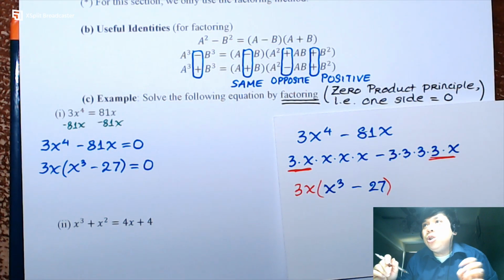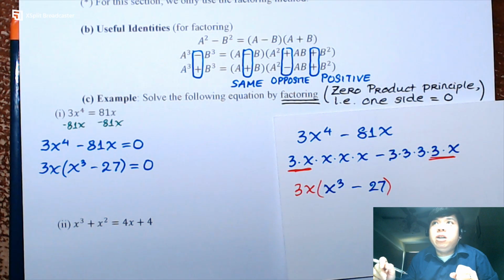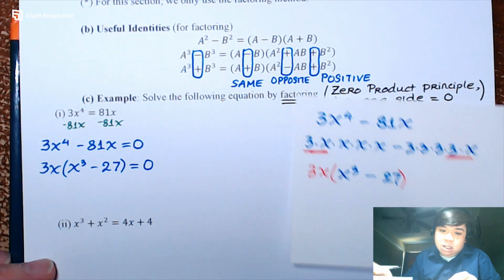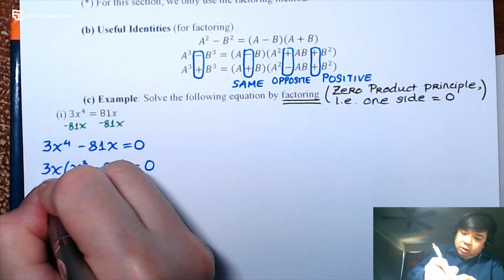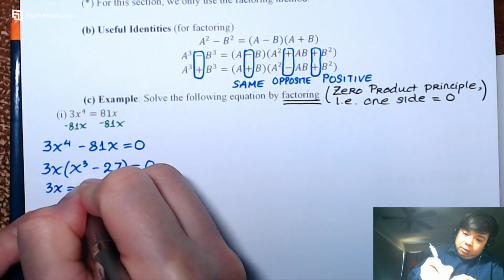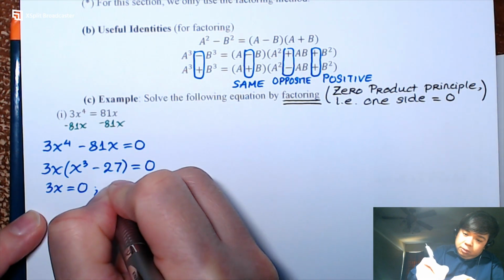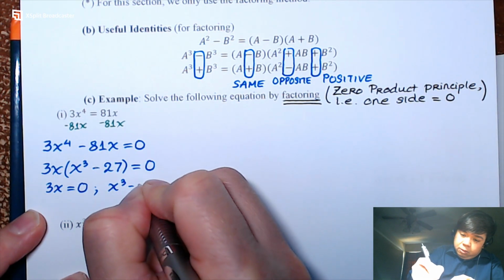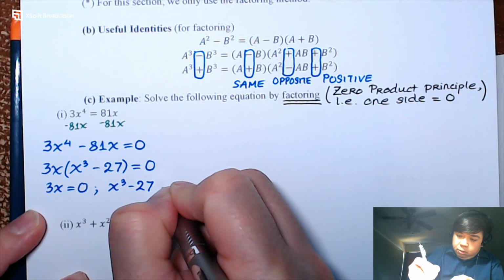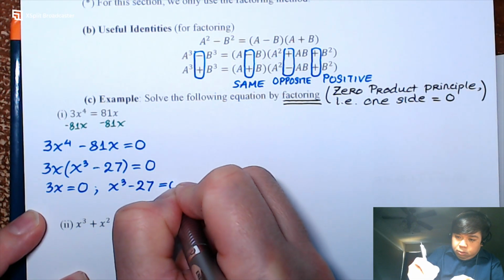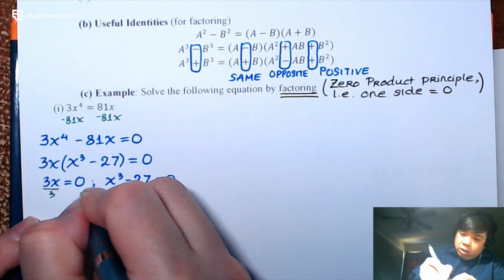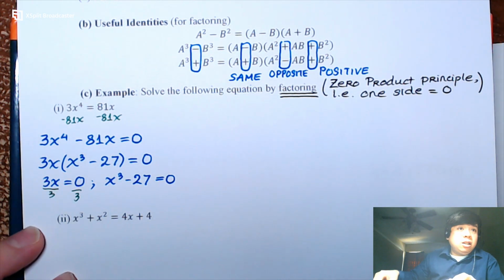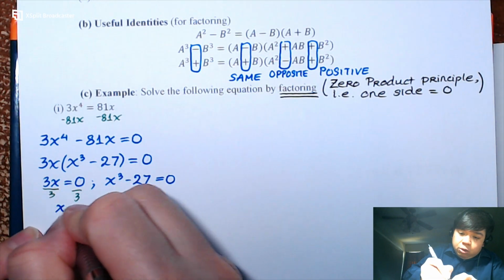Okay, so that's good. Now, the zero product principle says if a product is 0, either that is 0 or that is 0. And dividing by 3 on both sides, x equals 0.